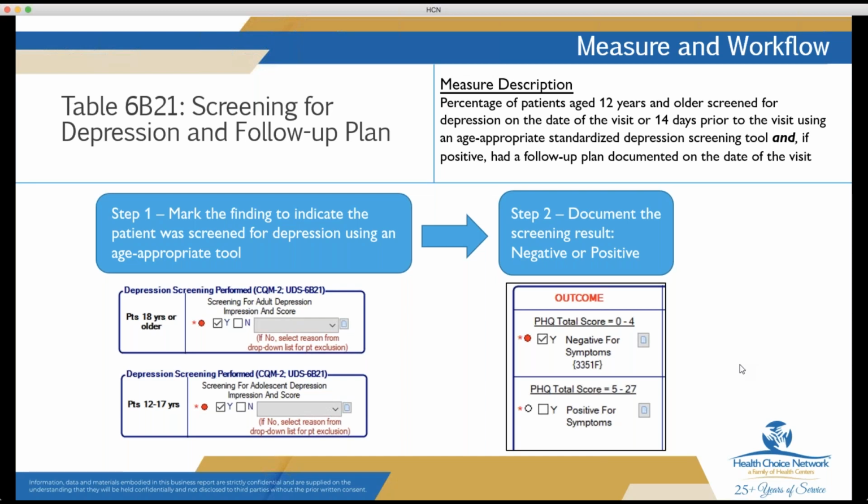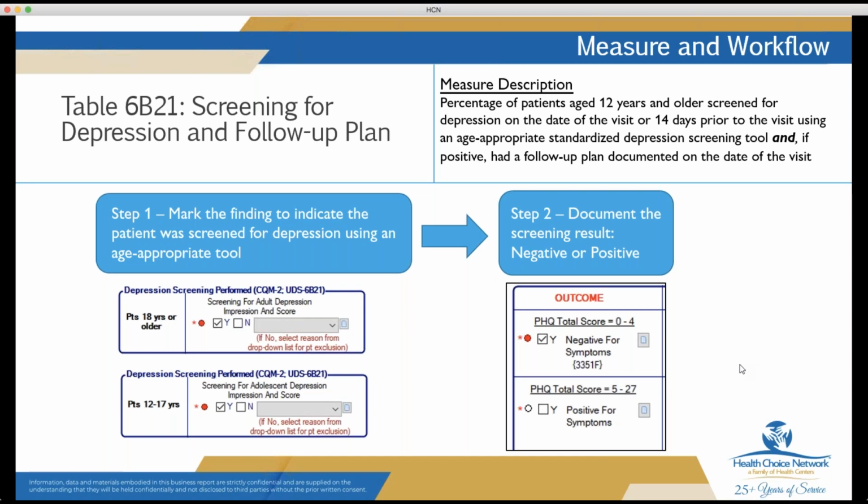If you recall, the reason why this change had occurred is because the 2019 specifications, now this is an aligned measure to eCQM, and the specifications for eCQM stated that documentation of the screening using an age-appropriate tool was needed, and then what the outcome of that screening was, and it's simply whether it was negative or positive for symptoms. And if the screening was positive for symptoms, then a follow-up is expected.